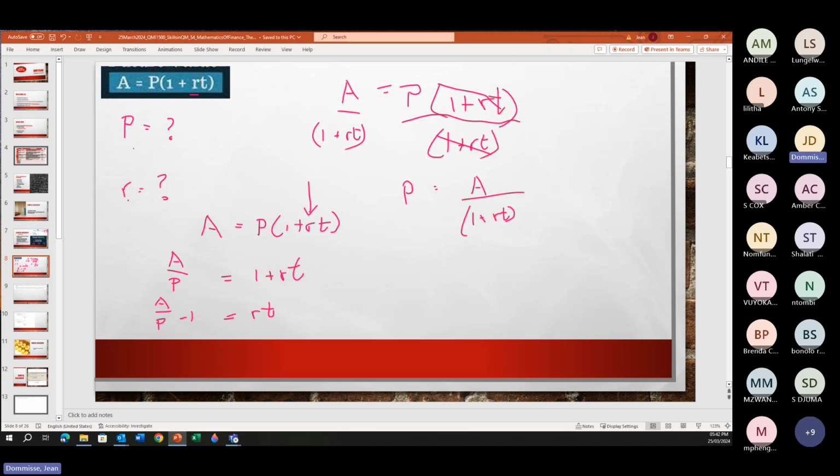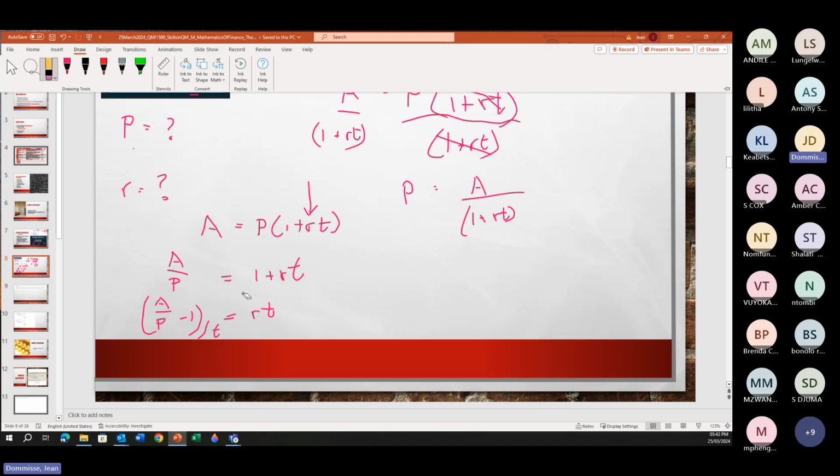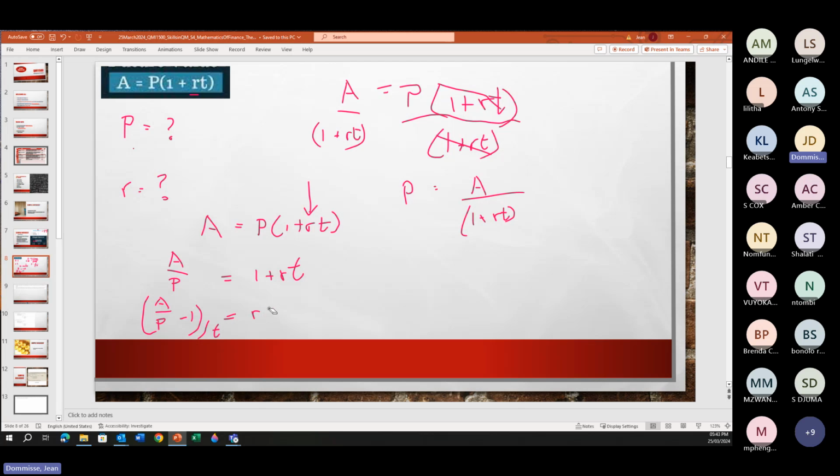So I need to make R the subject, so I will divide on both sides with T. So my new formula then will just be A divided by P minus 1, divided by T, is equal to R.